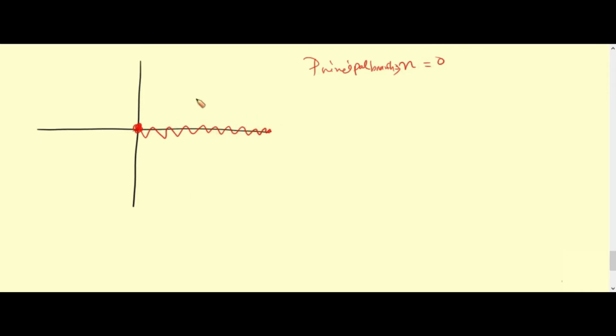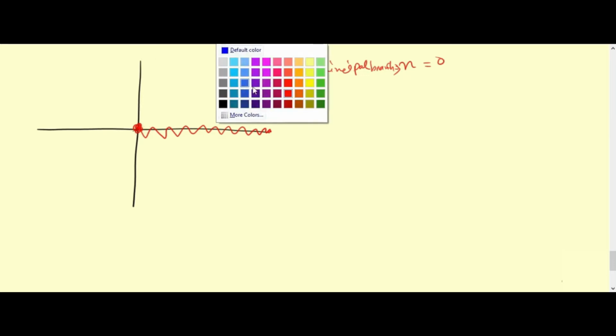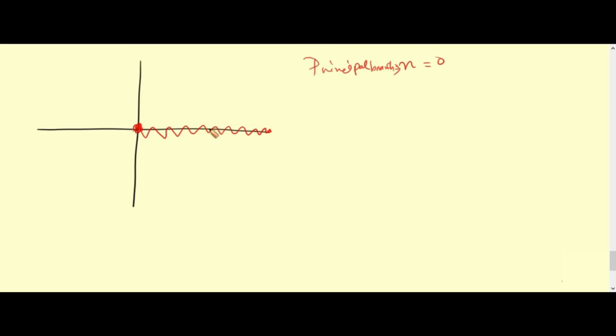To make the function single valued, we can stay anywhere within this branch. Let me use another color to show you. If you start from here, on the real line, you can rotate, but you should stop here. You cannot cross this line.